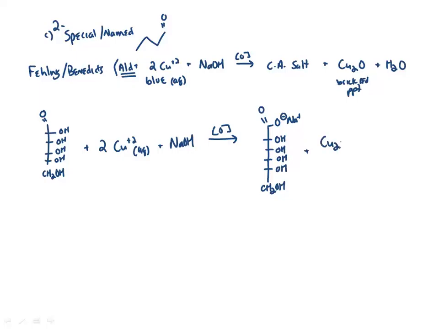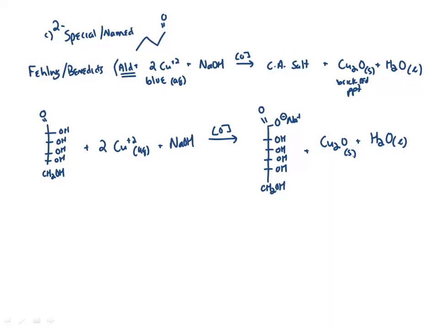Plus Cu2O plus H2O. H2O is a liquid, we can put that down, and we know that Cu2O is a solid, so we can put that down too. So hopefully this is a review reaction, one you already know. The only thing you have to refresh your brain on is that carbohydrates can undergo this reaction too.